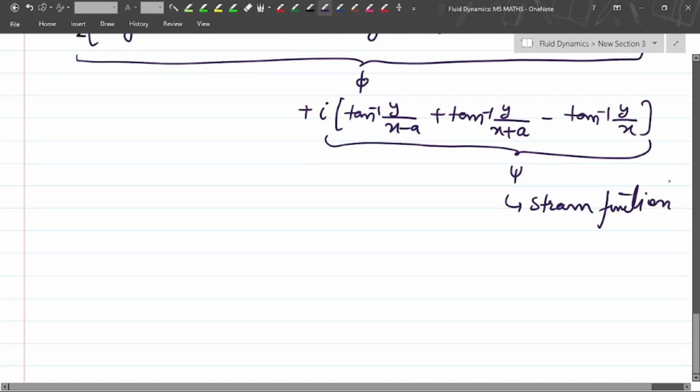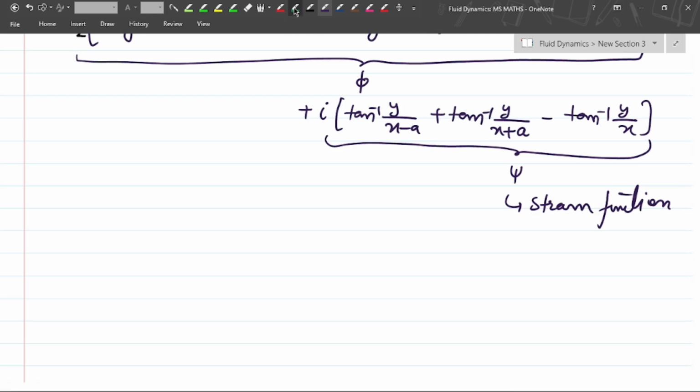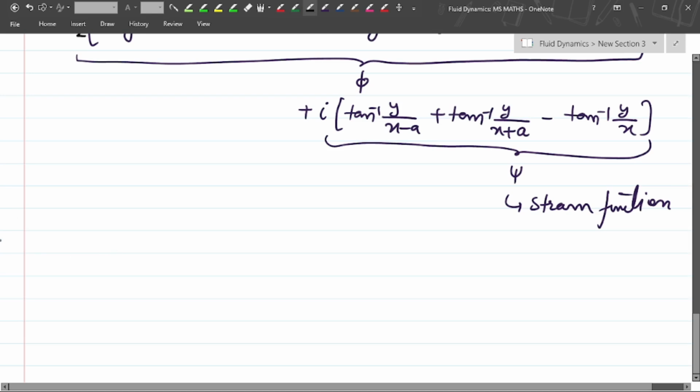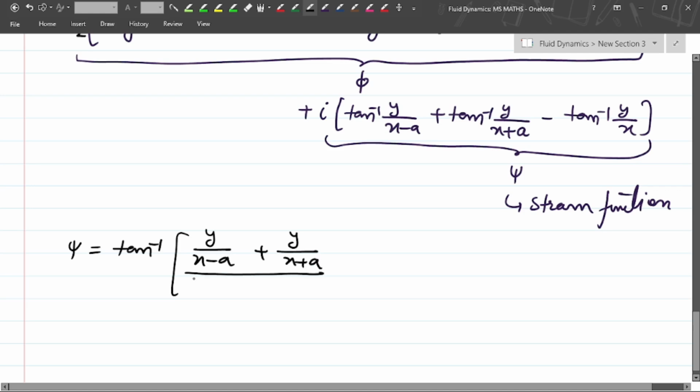So to find the streamline, we'll just put the stream function as constant. So what can I do here? Sine is equals to what? This is tan inverse A plus tan inverse B plus tan inverse C. So I can just put the tan inverse A plus tan inverse B formula here. So it is tan inverse of y upon x minus a plus y upon x plus a divided by 1 minus y upon x minus a into y upon x plus a, minus tan inverse of y by x.